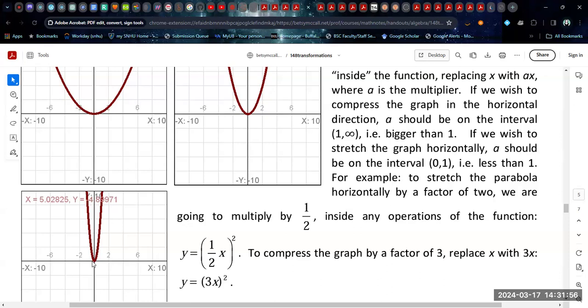And so it's going to get large faster. And so it's going to look like it's compressed horizontally. So if you multiply x by a small number, you stretch it out. If you multiply x by a large number, then you are squeezing it in the opposite direction. You're compressing it by that factor.